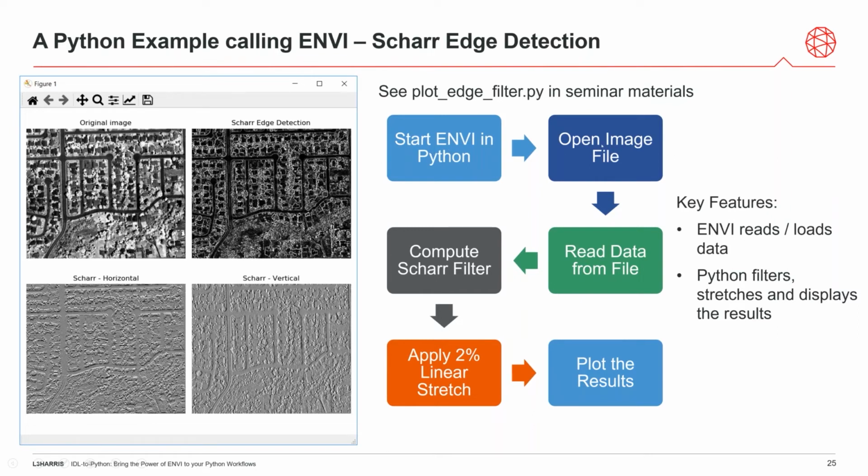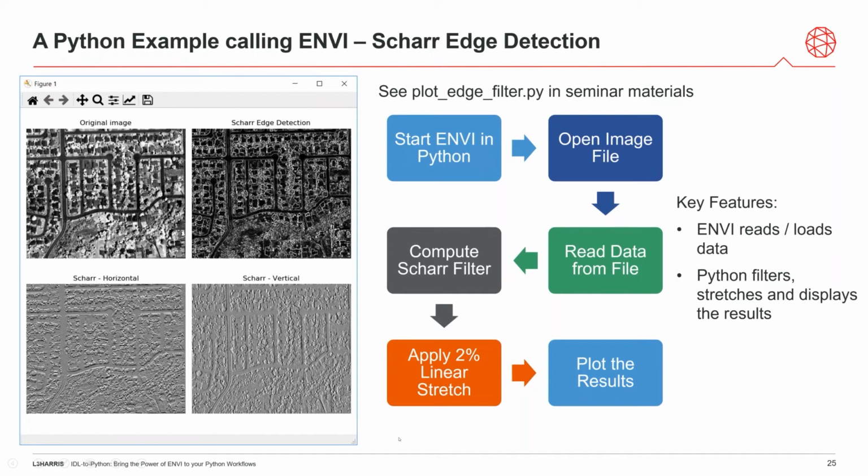We have ENVI open the file, ENVI read the data, and then we're going to pass that image array to this edge transform filter, which is a Python routine. Because I want to display it, it's going to look dark, so I'm going to have Python apply a 2% linear stretch, and then use Python to plot the results. So if you run this, yours should look just like this.